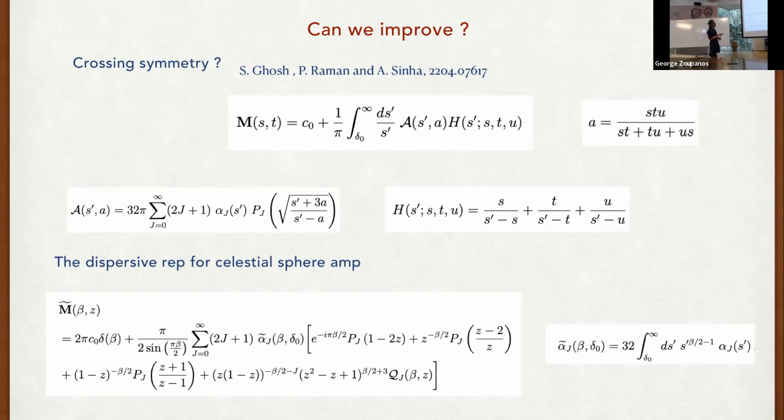Even though it's a function of S, T, the representation is completely crossing STU symmetric, defined in terms of STU symmetric variables. Then you can directly project this onto the celestial sphere.